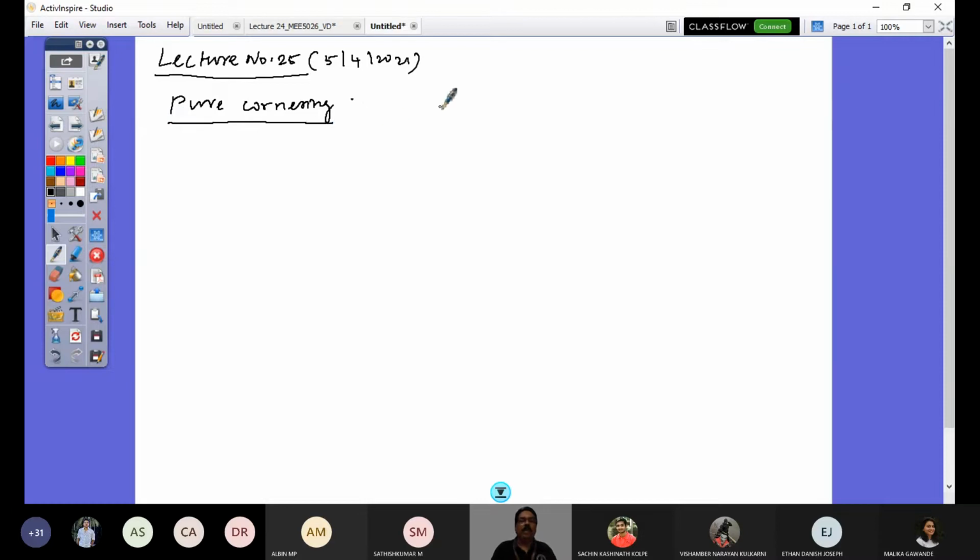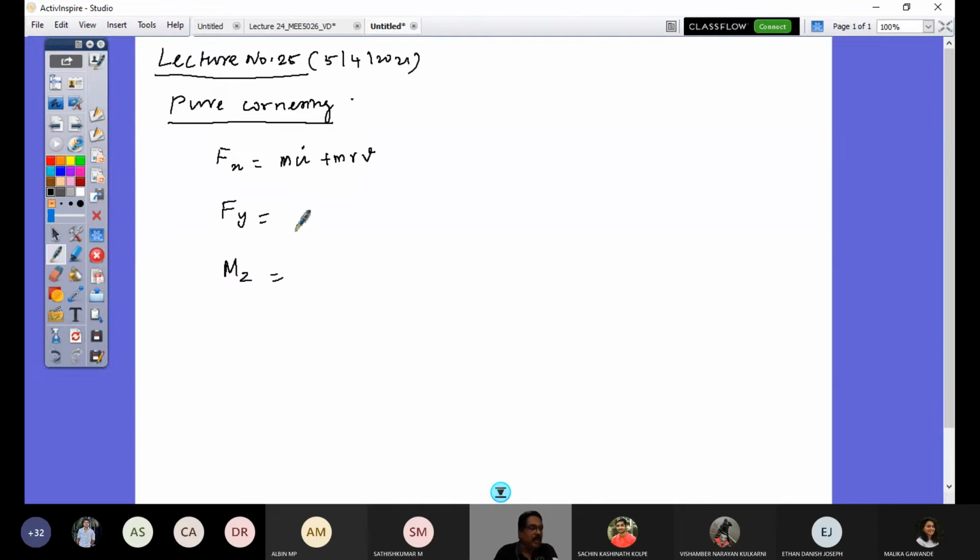When I say pure cornering, there are three equations that come to our mind. One is the expression for Fx, expression for Fy, and expression for Mz. So these are the three equations deduced from the 6 equations that we have derived at the beginning of our vehicle dynamic study. And you see here, these equations are expressed through m(u dot plus rv).